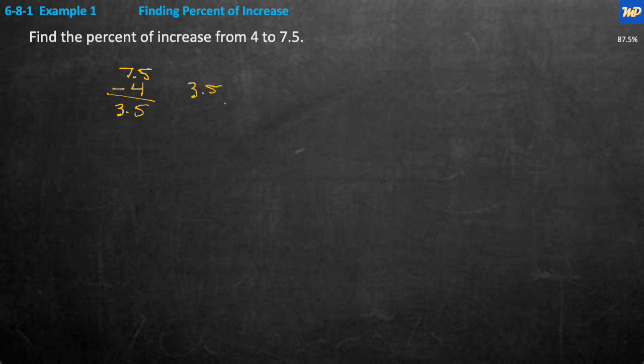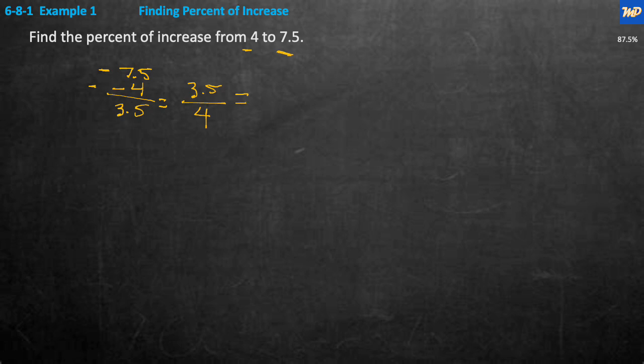So the percent change, percent of increase, is 3.5 divided by where we started at, 4. Here's where we started, here's where we ended. So we take where we ended and subtract where we started, and we get a change. It ends up being positive. It could be a negative number, which would mean it reduced, but it didn't. So this equals 3.5 over 4. And what is 3.5 divided by 4?